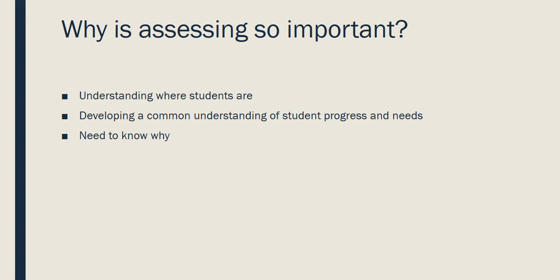You can have it for the purpose of forming an opinion about students' abilities and skill sets. You can use it to judge students' abilities and skill sets. You can use it to determine where students are in reference to other students. You can use it for formative.